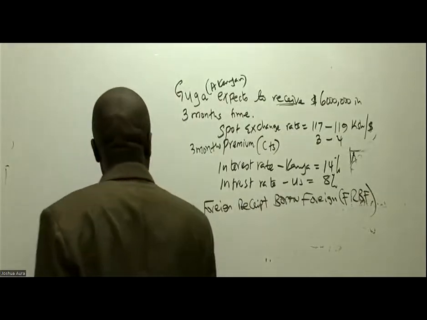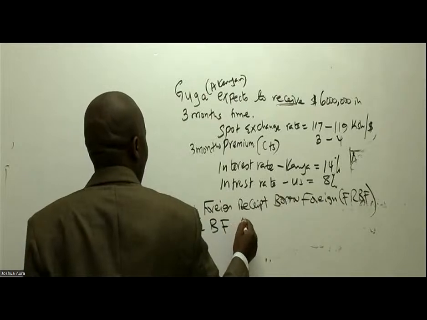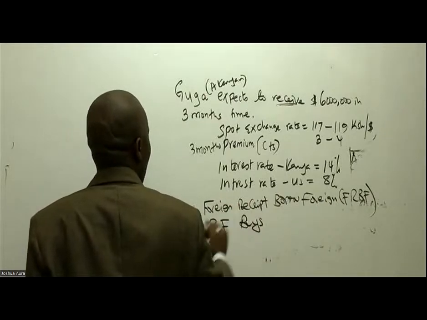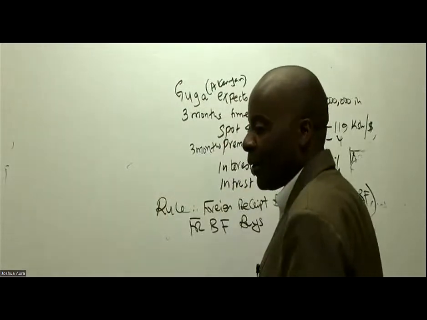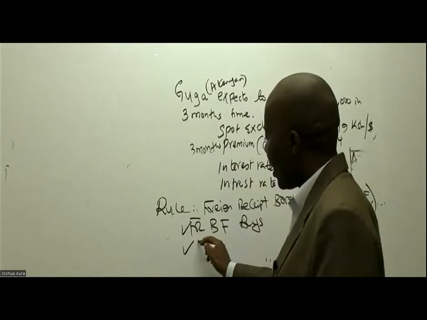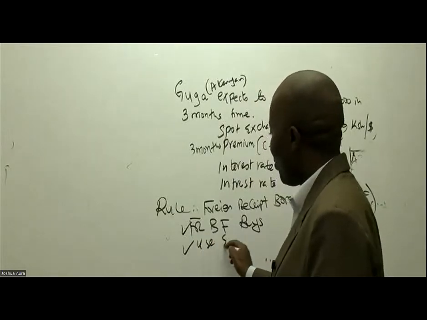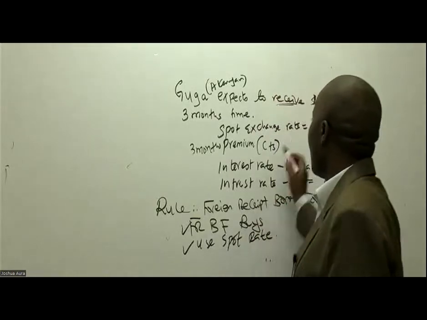And remember that the foreign boyfriend always buys dinner. And the other thing I'm supposed to remember, ladies and gentlemen, very fast, is that for money markets we use the spot rate, always a spot rate. So this is the spot rate.